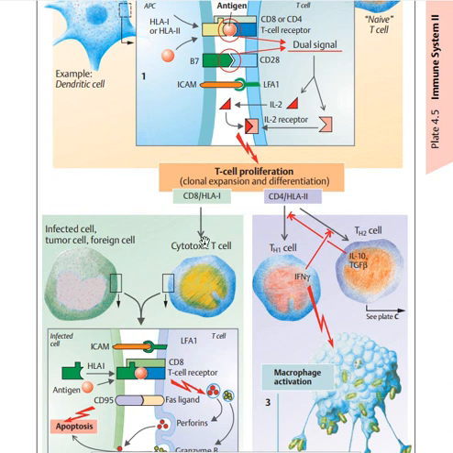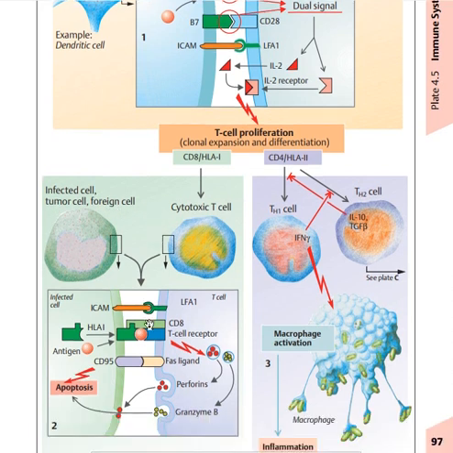In this position for CD8, we have cytotoxic T cells. For cytotoxic T cells, we have an infected, tumor, or foreign cell. What happens is that you have this ICAM, you have HLA1, you have CD94 from this position. All of them are going to respectively bind with the LFA1. We have CD8, we have the T cell receptor, and we have the Fas ligand. When they bind, you have impulses.